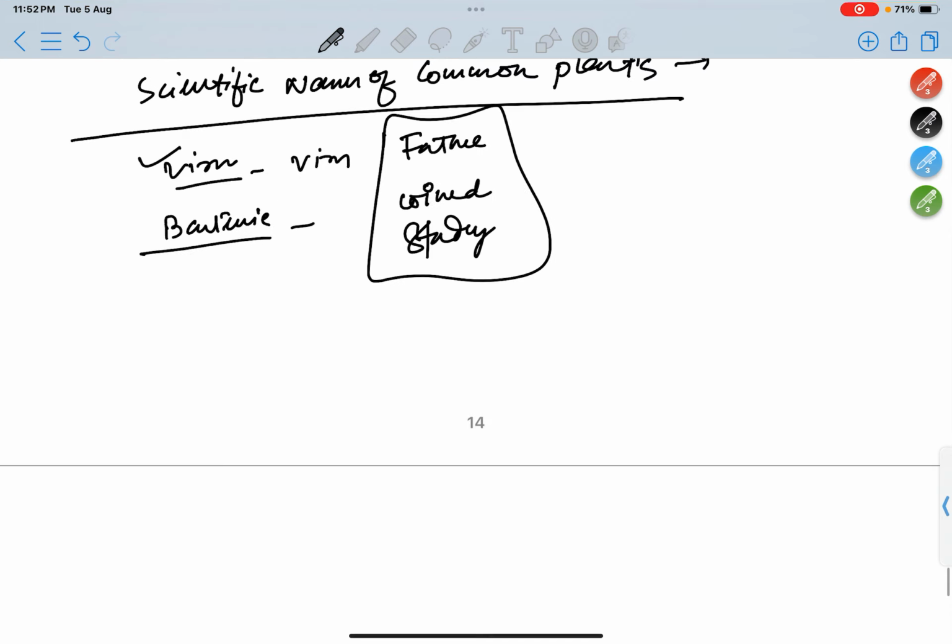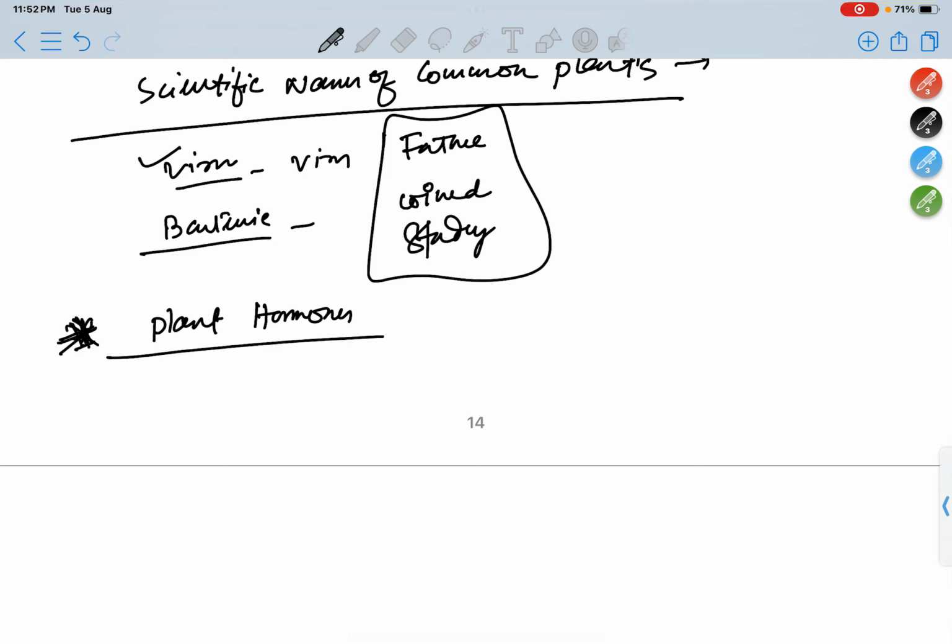Next important thing is plant hormones. Plant hormones are very important. So in the book there is a list of hormones and their function you should know. Then there are plant diseases. These are also very important.